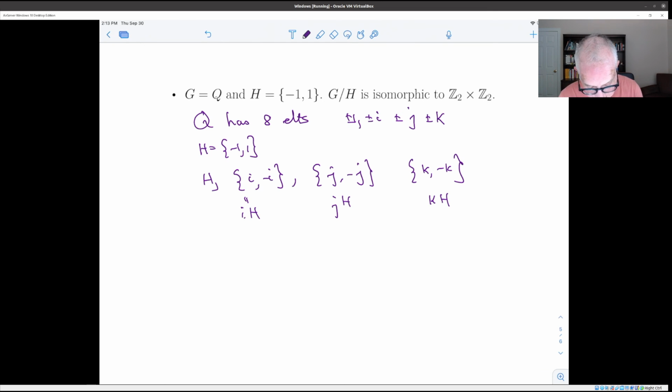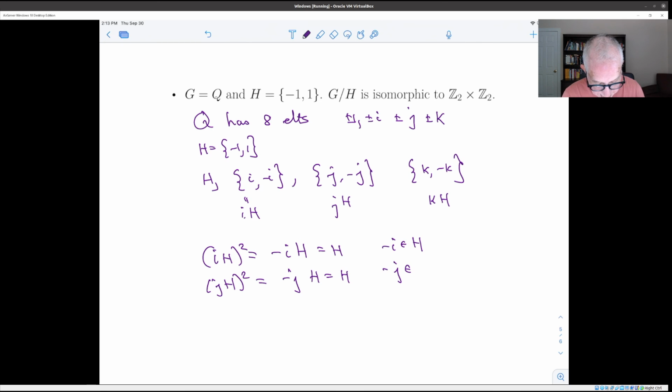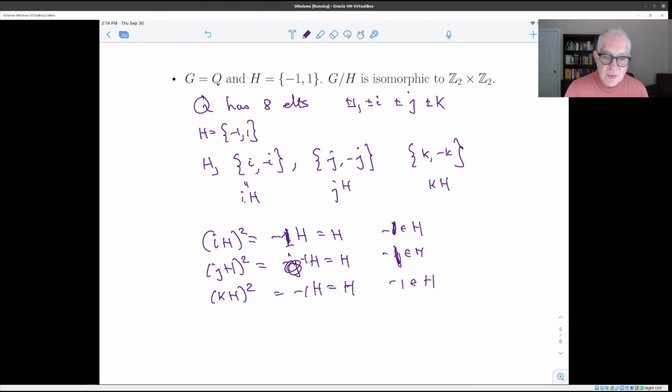And we have that iH squared is minus 1 H, which is H, because minus 1 is in H. We have jH squared is minus 1 H, which is H. This is minus 1, not minus i. And finally, kH squared is minus 1 H, which is H, since minus 1 is in H. So all 3 of these things, when you square them, you get the identity.